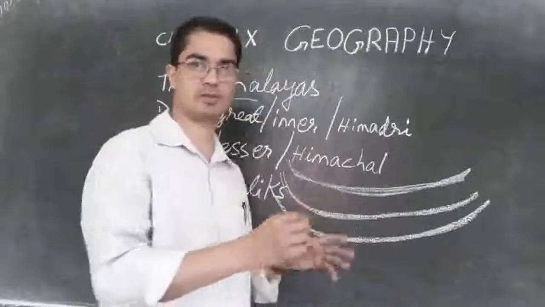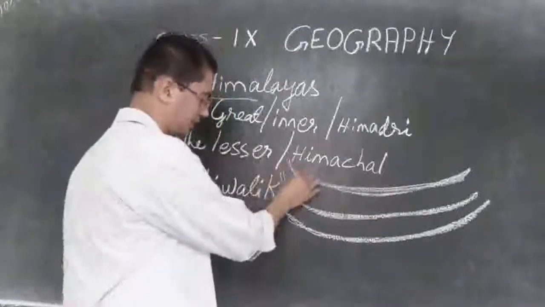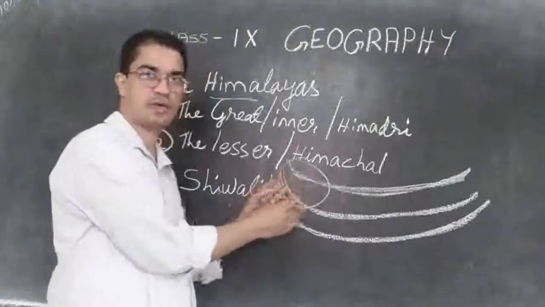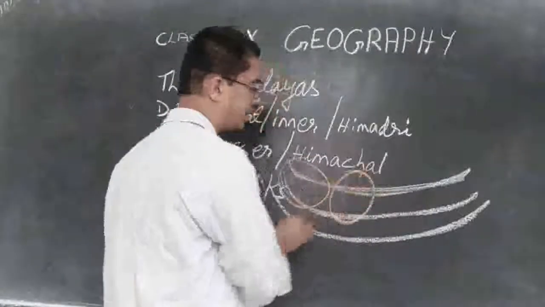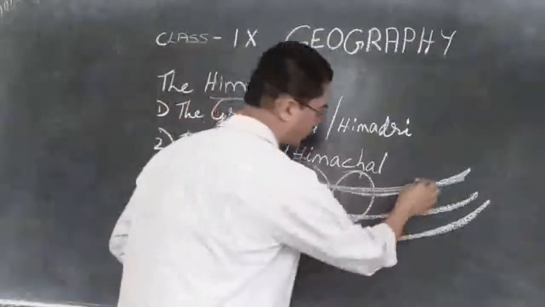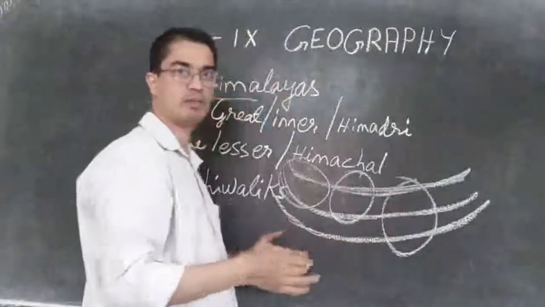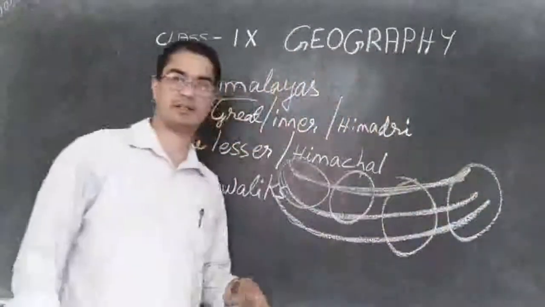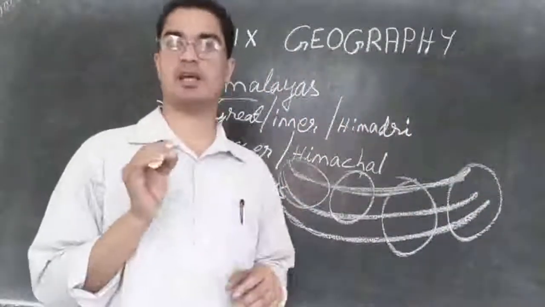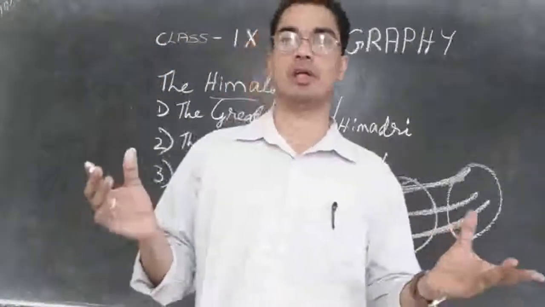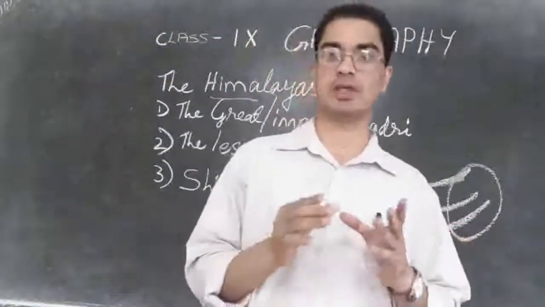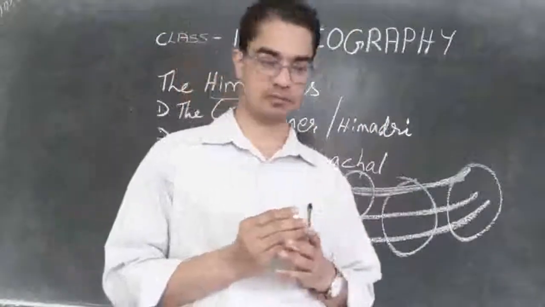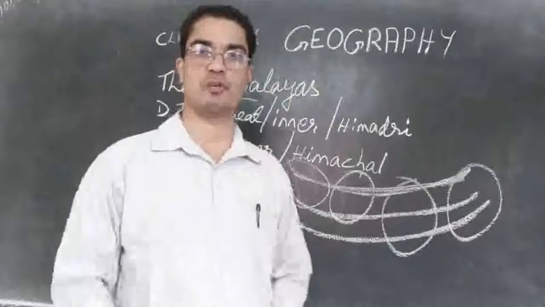Apart from these names, the people who are living in this area call it one name, people living in another area call the Himalaya by another name, and so on. By region, they call different names. Everywhere we go, the local people may call a place by a local name. The same thing happens in the case of the Himalaya as well.